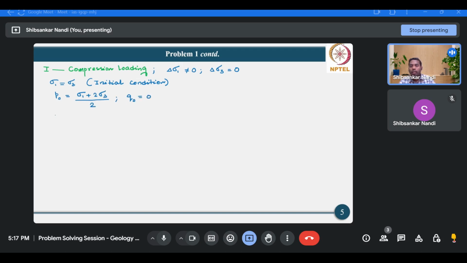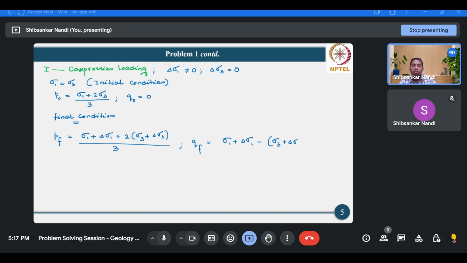Now what will be the final condition? If we try to figure it out, PA will be sigma 1 plus delta sigma 1 plus 2 times sigma 3 plus delta sigma 3, divided by 3, and your QA would be sigma 1 plus delta sigma 1 minus sigma 3 plus delta sigma 3.